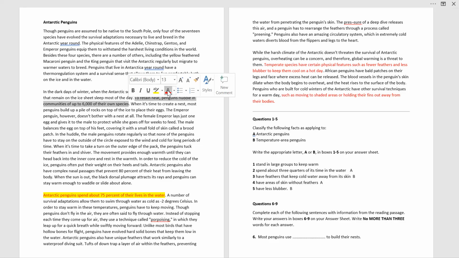So they just stand in a large group to keep themselves warm. So this is a feature of the Antarctic penguin. So it's A, B, A, and B. All right.